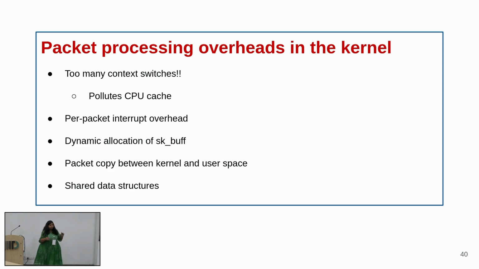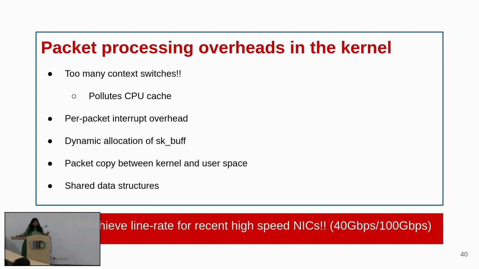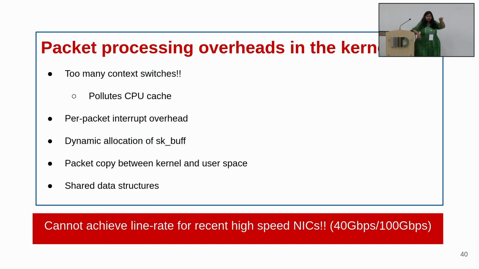So there are many overheads that exist in packet processing in your Linux kernel. So the takeaway from this slide is that we need to do something about it. This kind of Linux system cannot work for our server because we are talking about the server Linux operating system. So handling this 400 gigs or 100 gigs is not possible with this kind of a system.